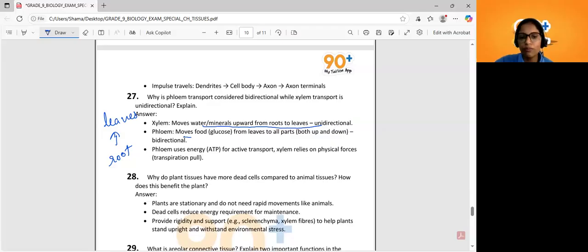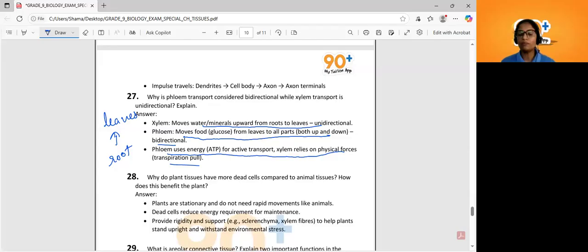Phloem moves food from leaves to all parts, that is bidirectional, and phloem uses ATP for active transport while xylem relies on physical forces. For xylem, the transport of water uses transpirational pull, and phloem uses ATP for the transport of materials.